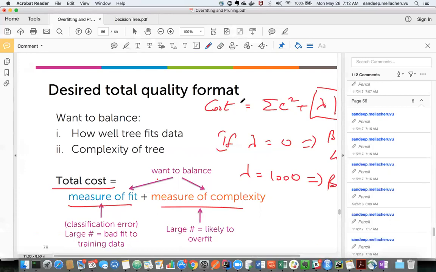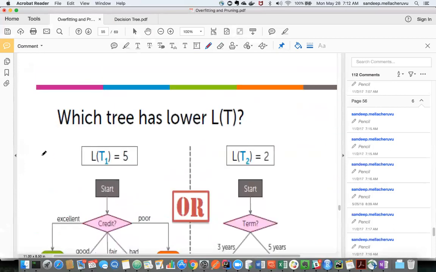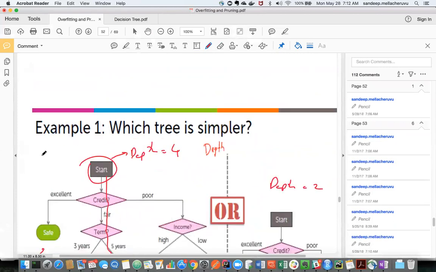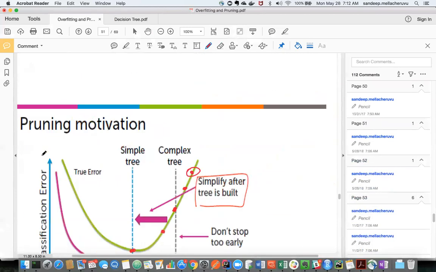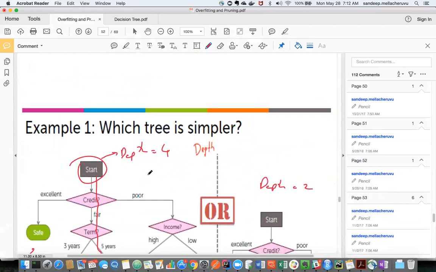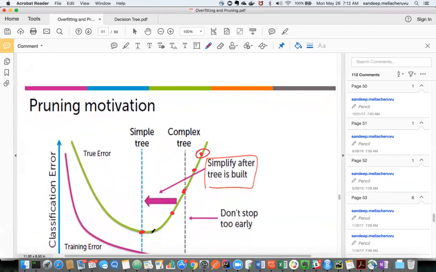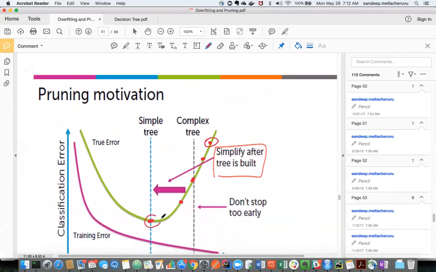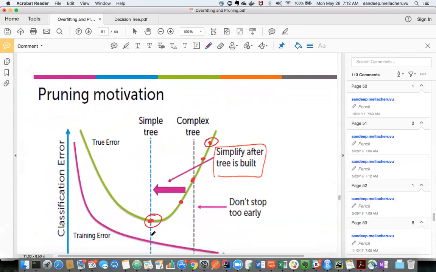So, yeah, Sandeep, what we want to do is prune the tree. We want to cut down the branches of the tree, and at some point we want to get the least test error.